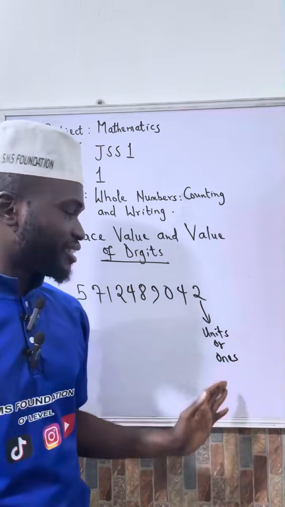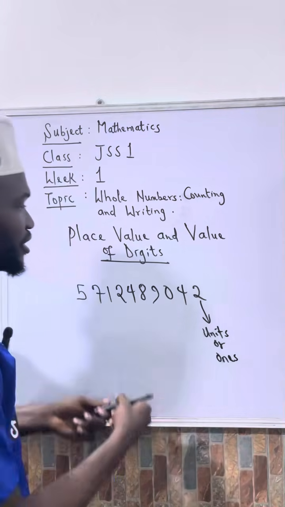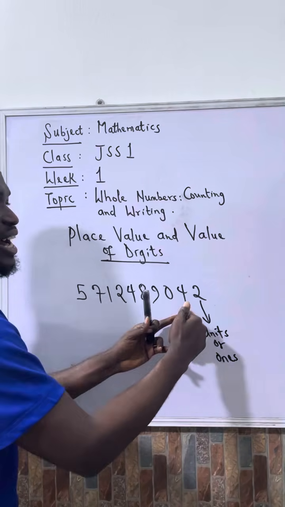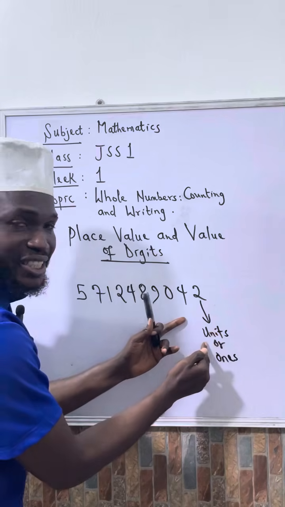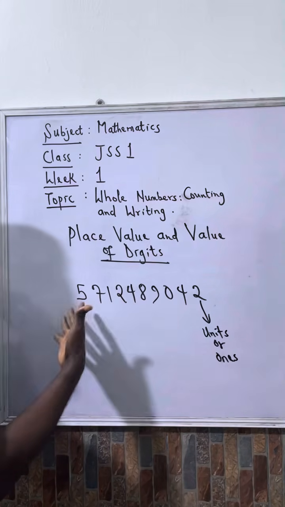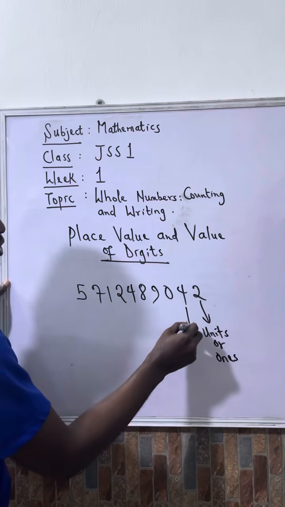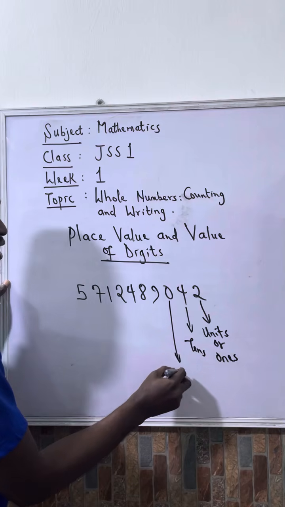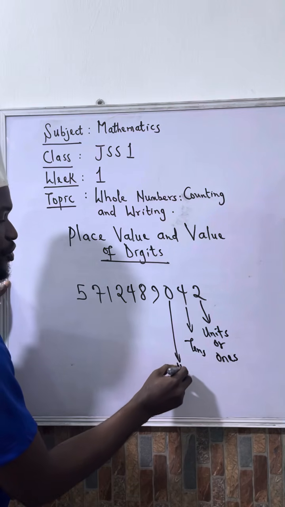The two are the same thing. The next digit after the units, to the left, is called tens. The next one after the tens is called hundreds.